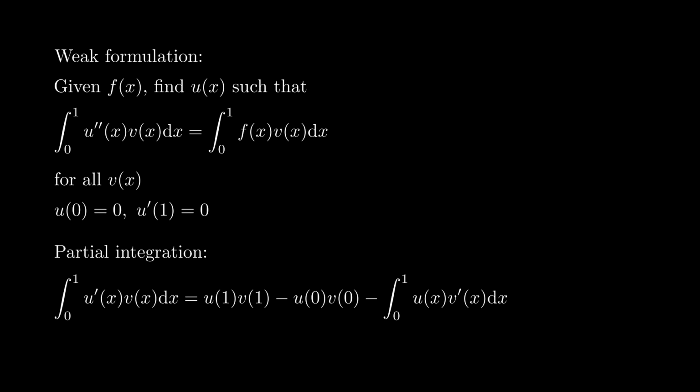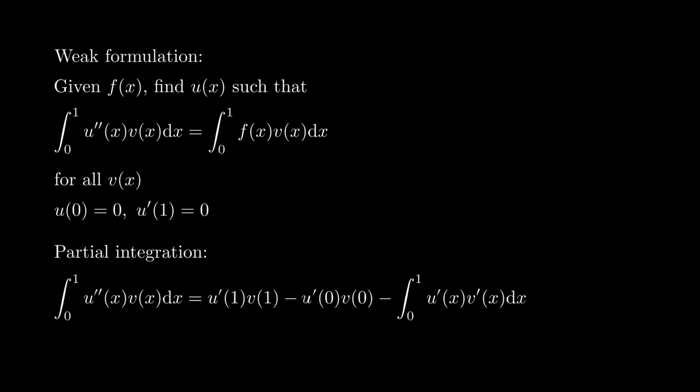To apply partial integration to our weak formulation, we have to slightly modify this formula. Note that the formula of partial integration must hold true for any function u. Therefore, we can substitute the function u in the formula by its derivative u prime. The resulting formula looks like this.